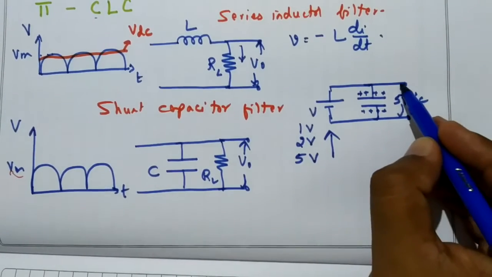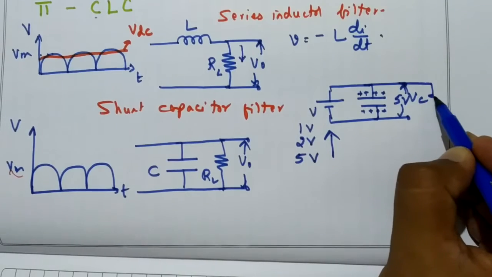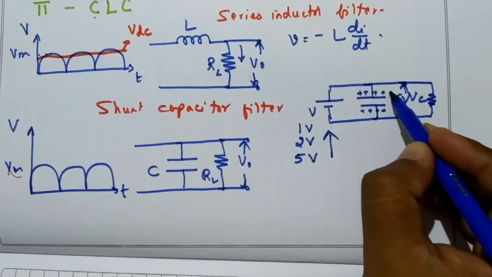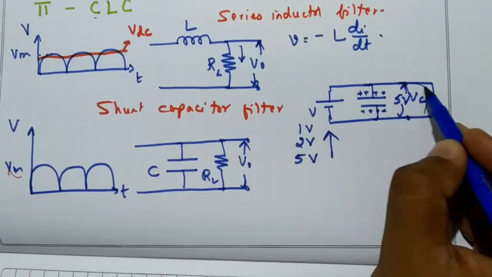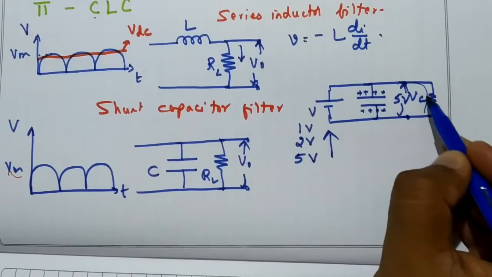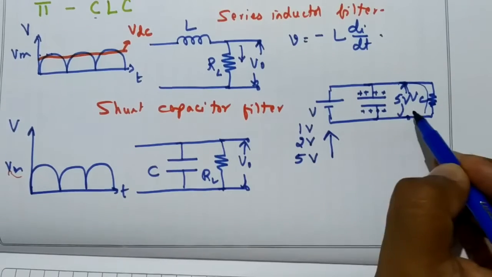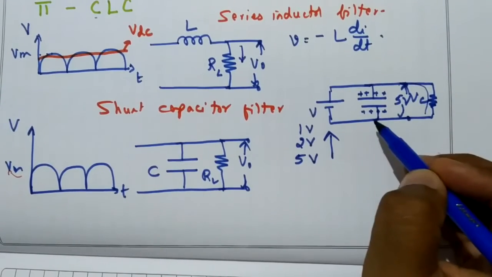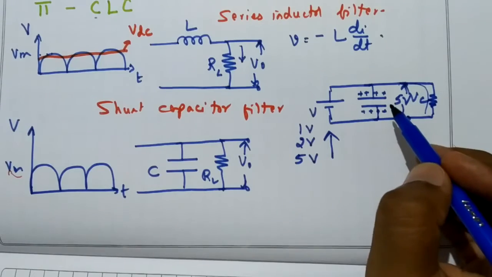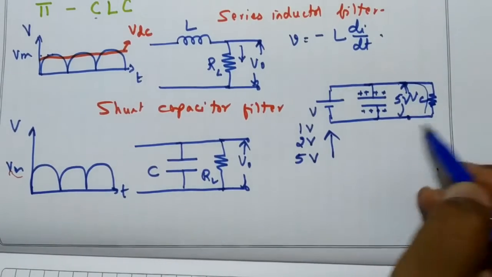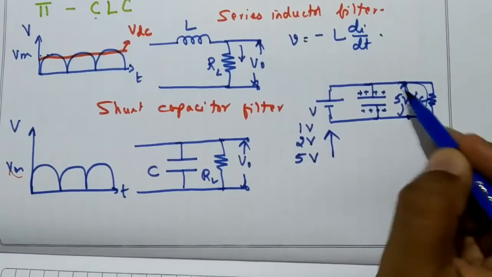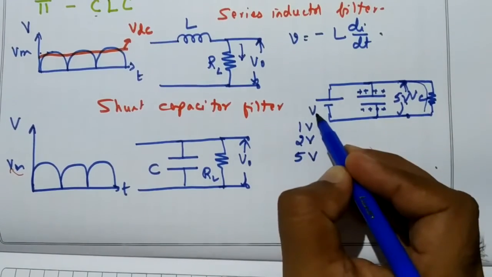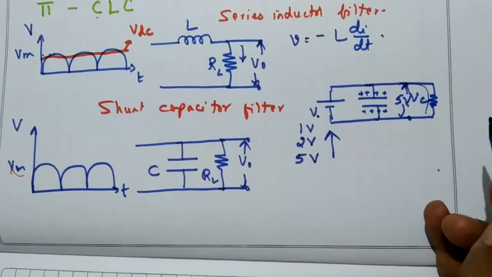If you provide a path, say here, in the form of a resistor, the charges will flow through the resistor and these positive charges will combine with these negative charges and they get neutralized. Therefore the potential will decrease. So this will take place till this voltage becomes this voltage, that is till 2 volt.